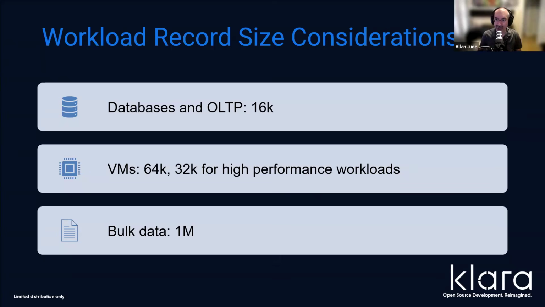But if you're using just the smallest record size, 4K or 8K, then if you're not getting at least 50% compression, then you're writing the whole 8K no matter what. And you can end up with a lot more overhead and not as much efficiency as if you actually went to a larger size. So it really depends how compressible your data is.